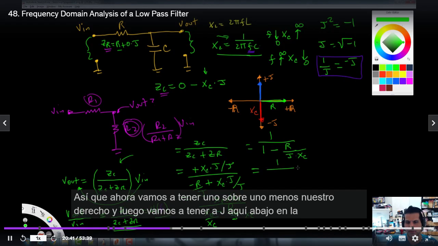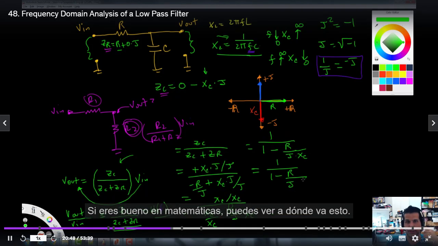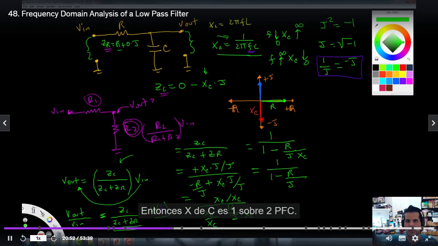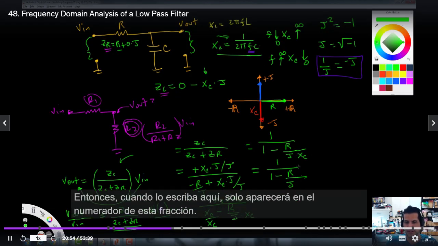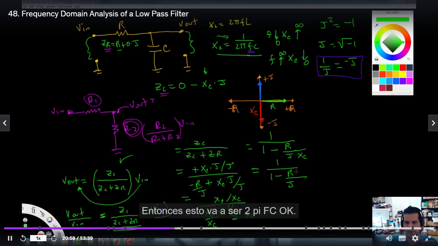Now we're going to have 1 over 1 minus r, and then we're going to have j down here in the bottom. If you're good at math, you can already see where this is going. So x of c is 1 over 2 pi fc. When I write it here, it's going to come up in the numerator of this fraction, so this is going to be 2 pi fc, and then we've got our j right here.